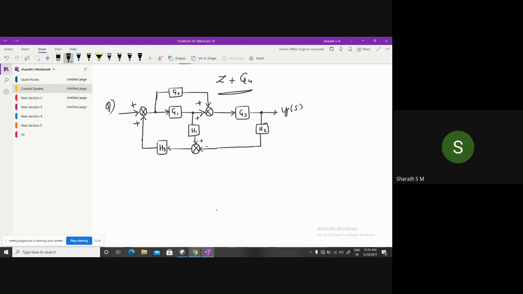It will be in a parallel connection if we don't have any takeoff point here. So here we have a takeoff point. So where we need to shift this takeoff point? To right. To right or to the left? Right, sir. Is there any rule to shift the takeoff point to the right side of summation point?